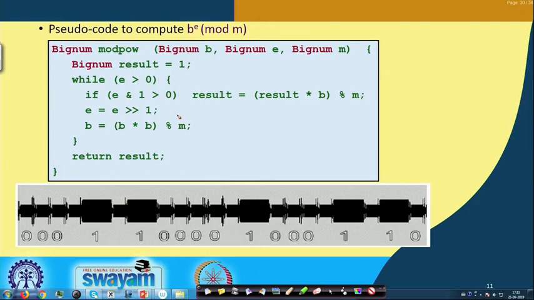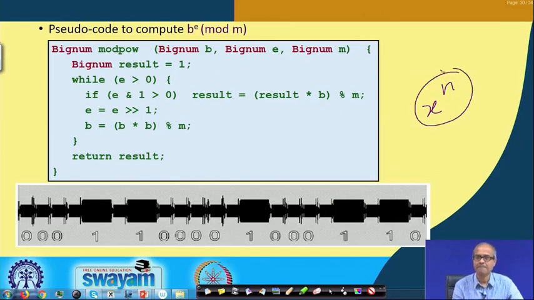Now, the point is that suppose I am computing this kind of x to the power n, for some value of n, and during this calculation, if I look at the total time, you see this pictorially I am showing something.